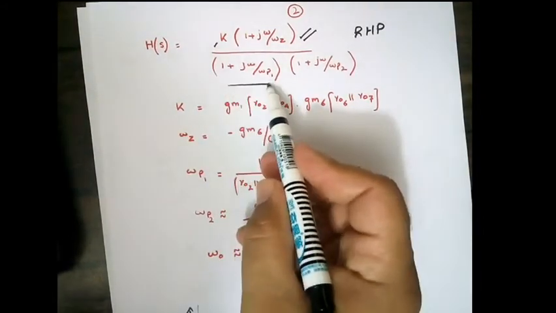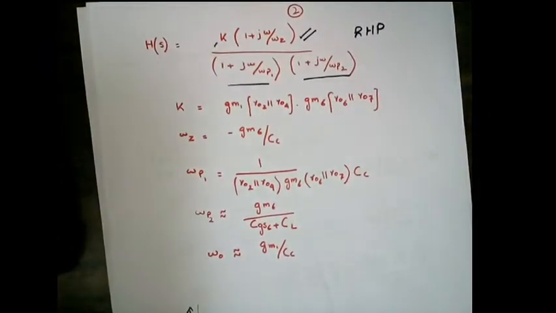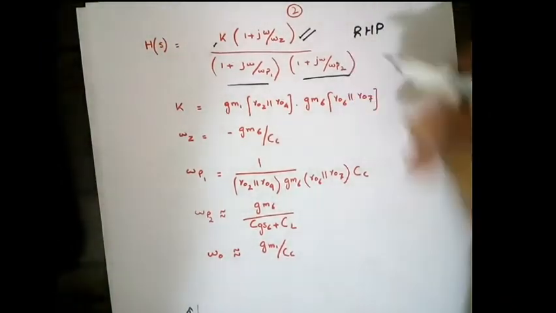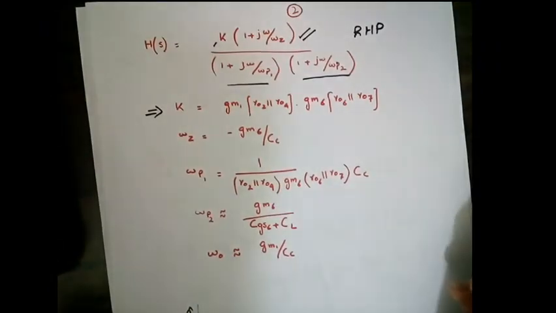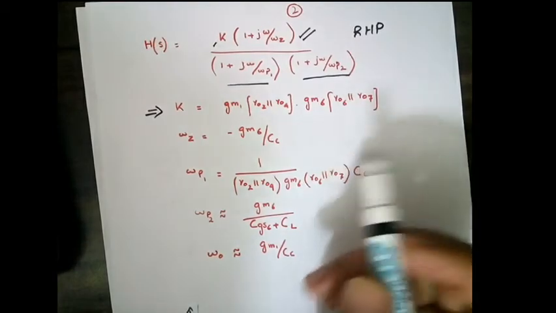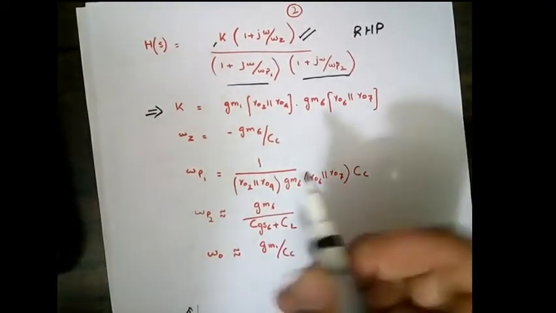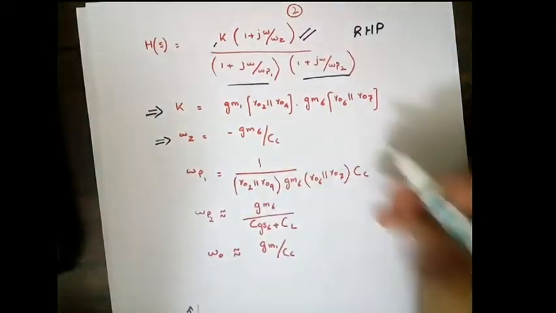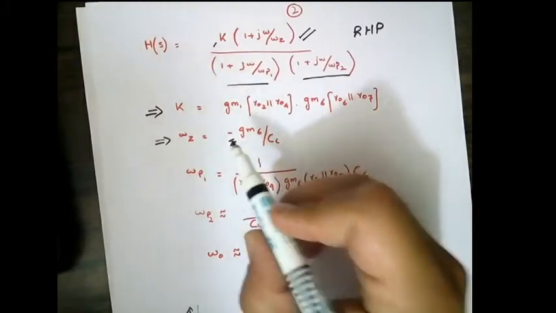And then we have a dominant pole named omega p1 and a non-dominant pole omega p2, which is a parasitic pole. So the K gain value, which we derived in a couple of last lectures, is gm1 times R02 in parallel with R04, times gm6 multiplied by the parallel combination of R06 and R07. The zero, as mentioned, is a right hand plane zero, so it's going to be minus gm6 by Cc.